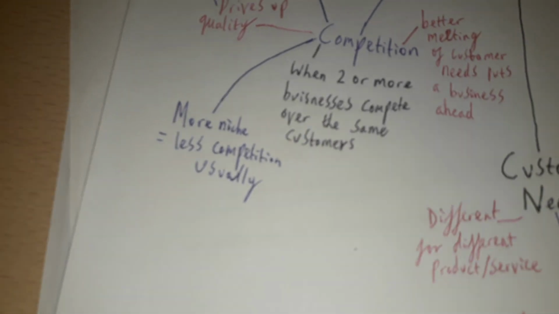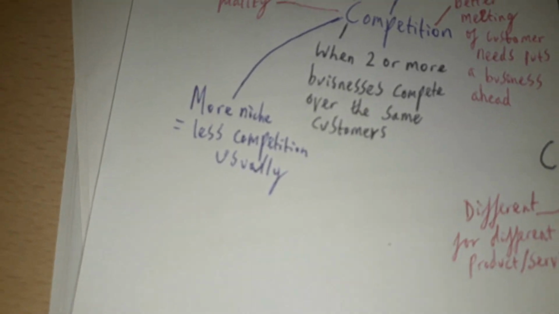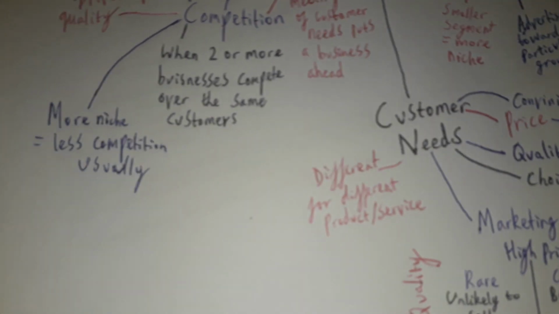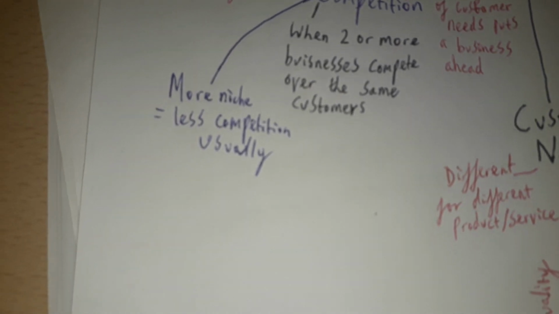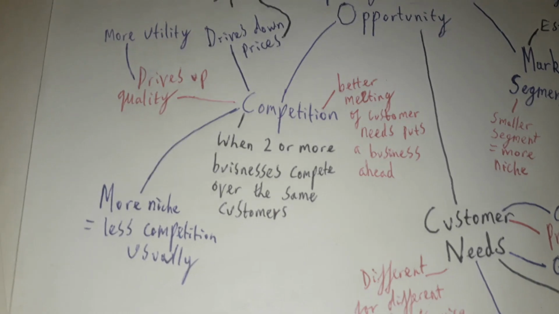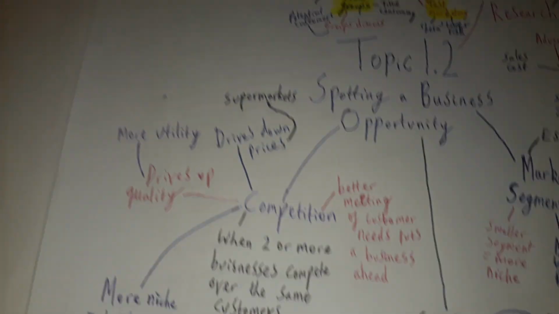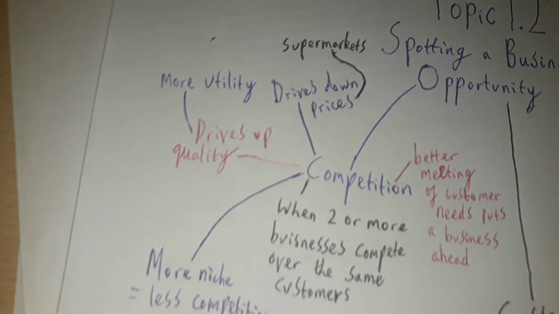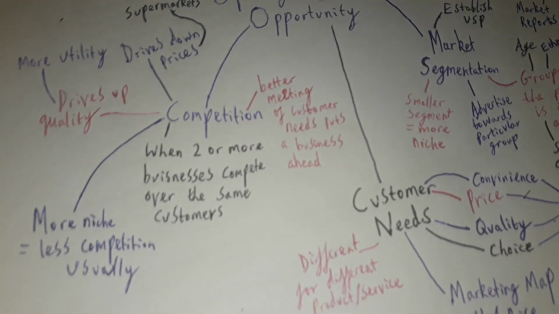Once someone's got control of that niche, it's hard to make them move or even compete with them unless you find your own niche. Basically, the bigger a market, the more competition, so the more prices drive down and the more quality is driven up. So having a niche establishes a USP, making other companies not able to compete with you.